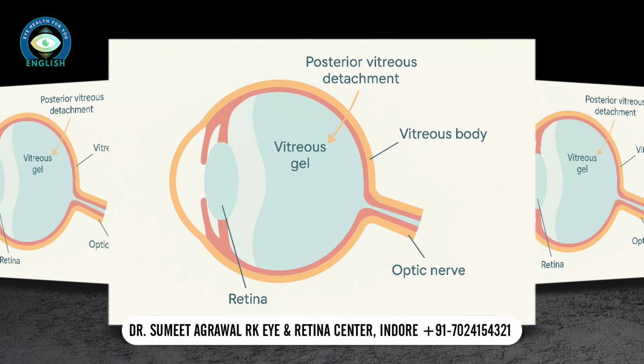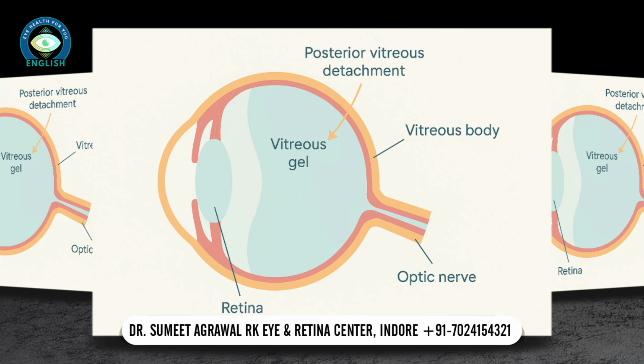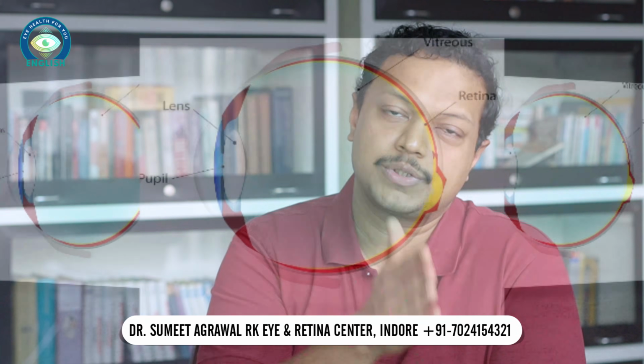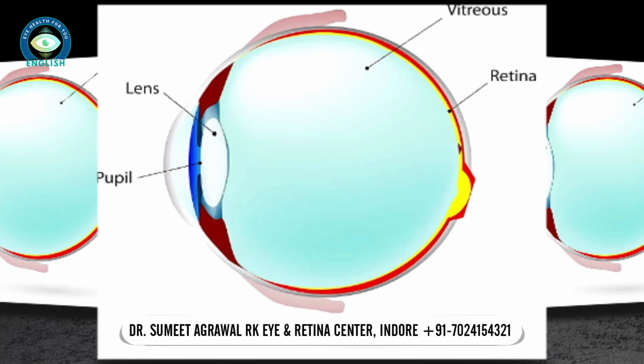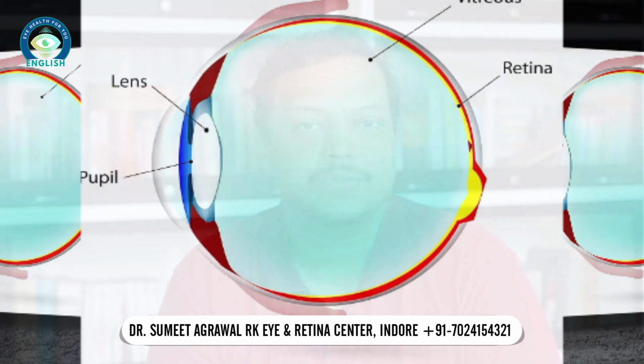This fluid can come from a couple of sources. The most common source of this fluid is basically the vitreous gel. What is the vitreous gel? The vitreous gel is a jelly-like substance which is present at the back part of the eye. It forms almost 80% of the volume of the eye, and it is located between the posterior surface of the lens and the anterior surface of the retina.